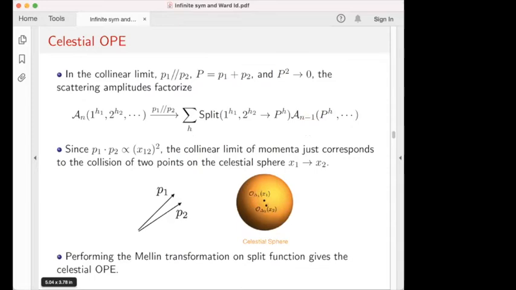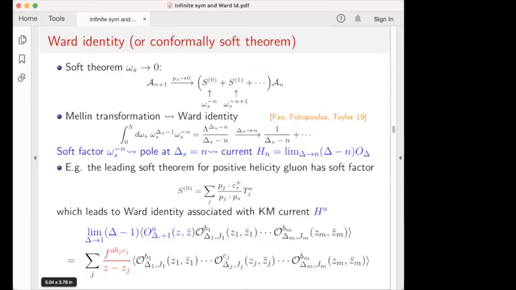So essentially you somehow mix soft factor with collinear factor, right? You take the soft limit, and eventually you find some sort of collinear singularity. But here this z and zj are not necessarily close to each other. They are arbitrary.